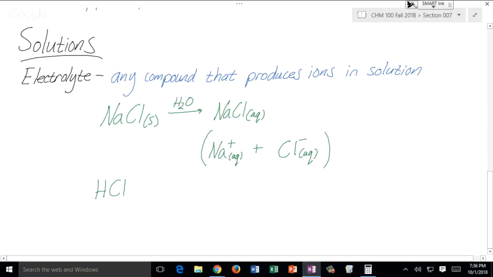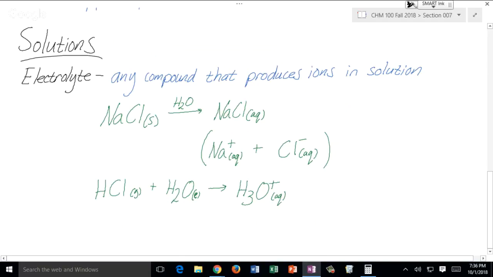Some acids like HCl, which is a gas in its pure form, hydrogen chloride, can also mix with water. It actually transfers its hydrogen to the water and makes something called hydronium, which we'll talk more about when we get into the acid and base chapter next.